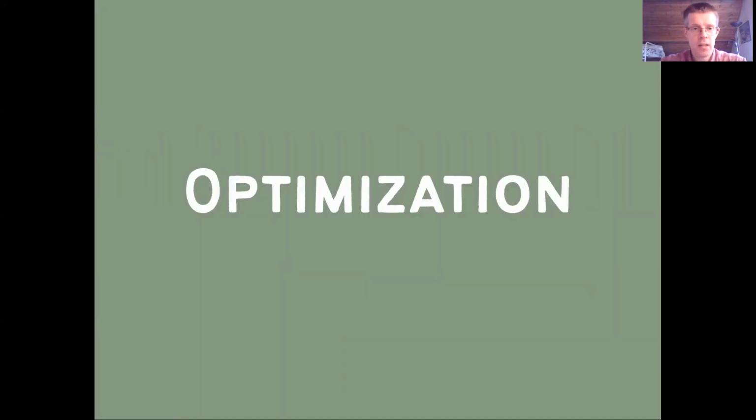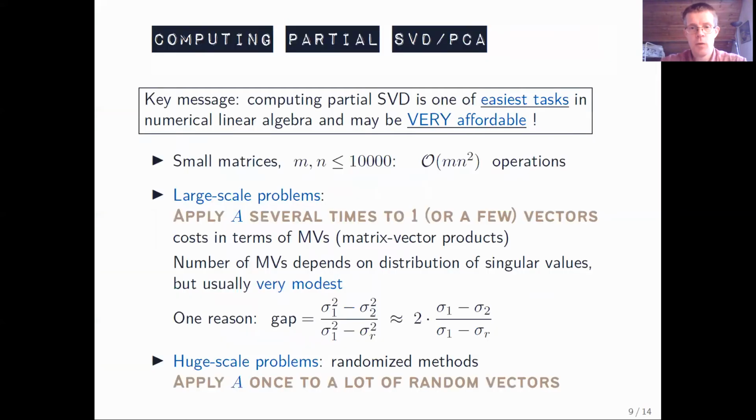Let's go to the computation or optimization. In view of the fact that we know so much about solving symmetric eigenvalue problems, we can actually make the statement that computing a TSVD, truncated SVD, also called the partial SVD, is in fact one of the easiest possible tasks in numerical linear algebra.